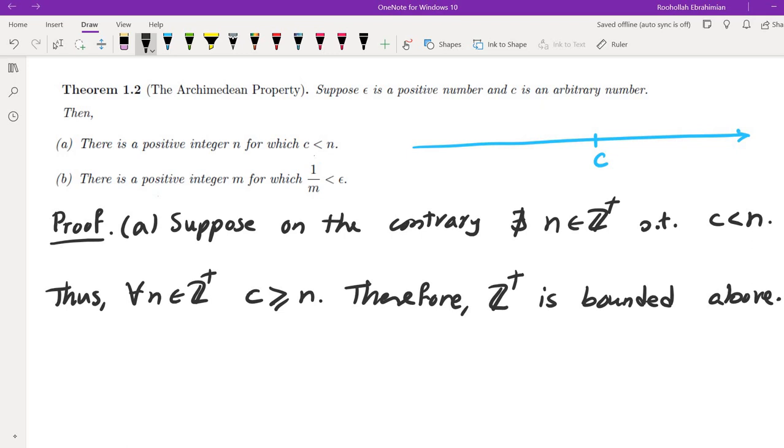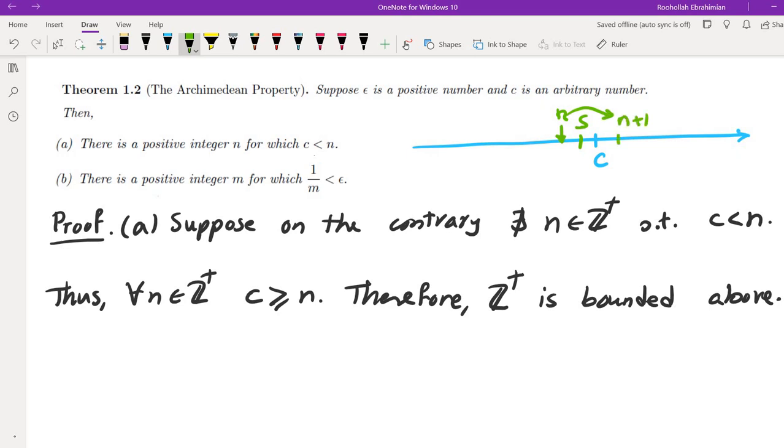Now, we know that sets that are bounded above have a supremum. So let's say the supremum is some value s. The problem with having a supremum for positive integers is that if you take a positive integer very close to s, when you add 1, it goes beyond that.